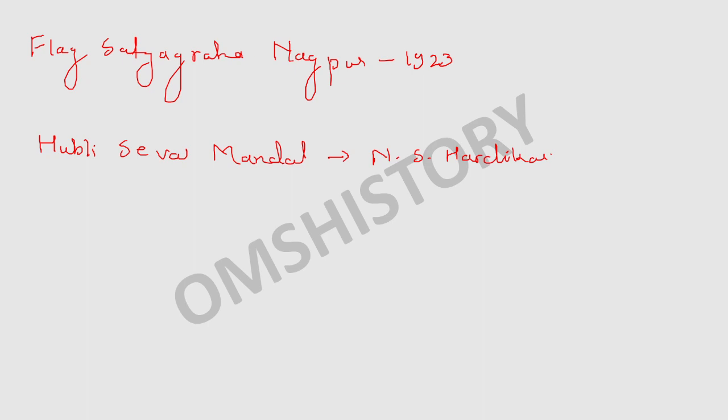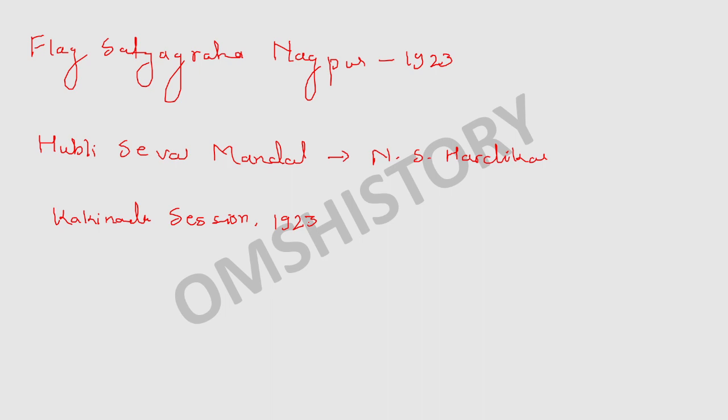This uncompromising stance gained the attention of Congress's national leadership that had gathered in Nagpur to participate in this flag satyagraha. So it was here that the idea of establishing an organization of volunteers to combat the Raj was born. At the Kakinada session of the Congress, which happened in 1923, a decision was made.